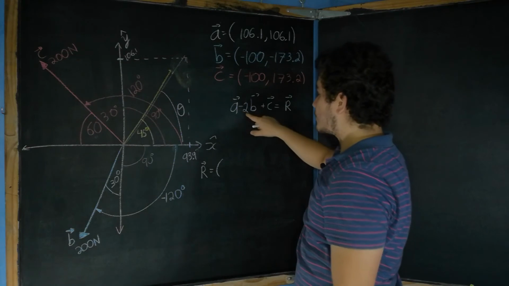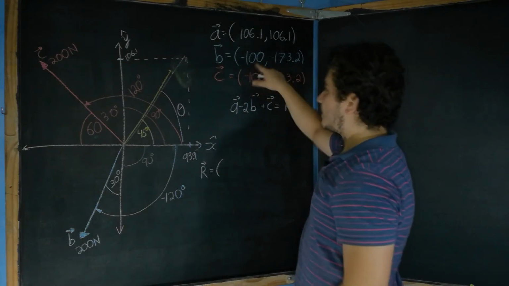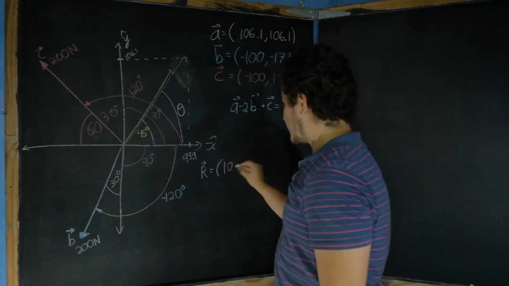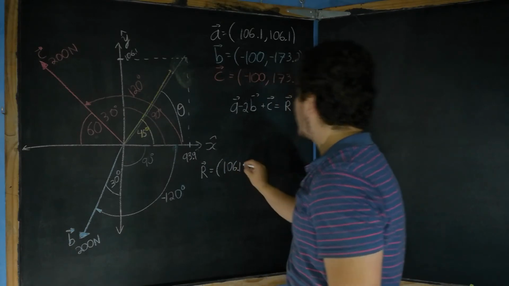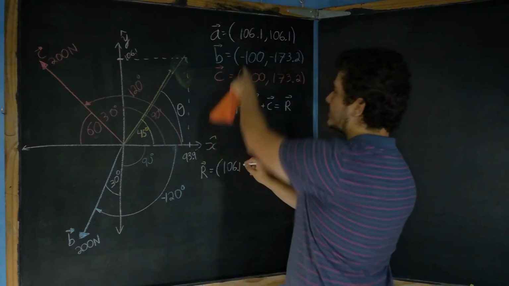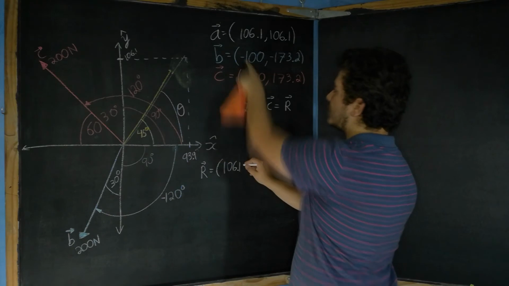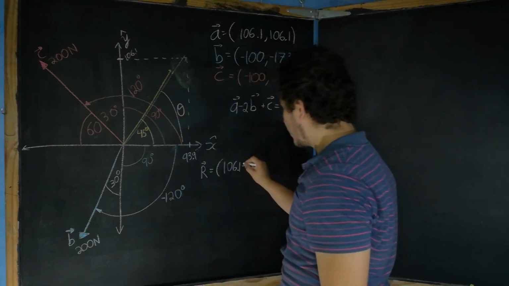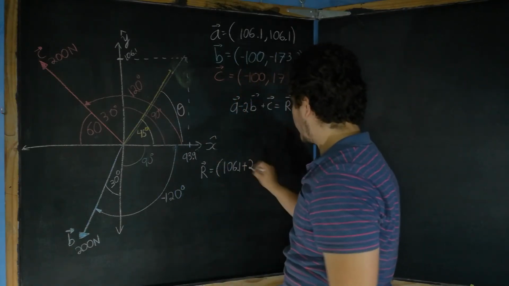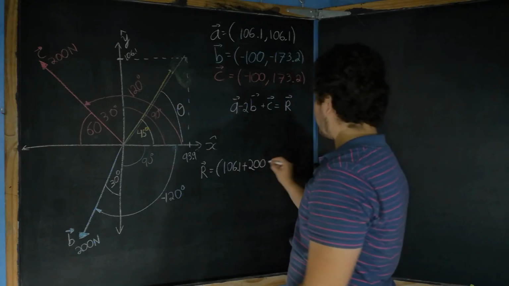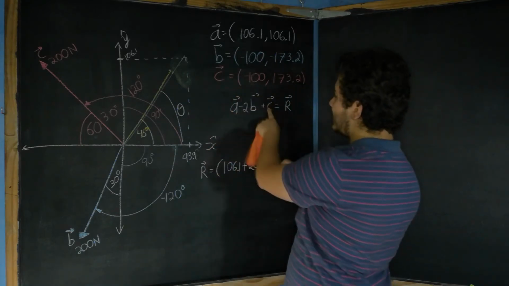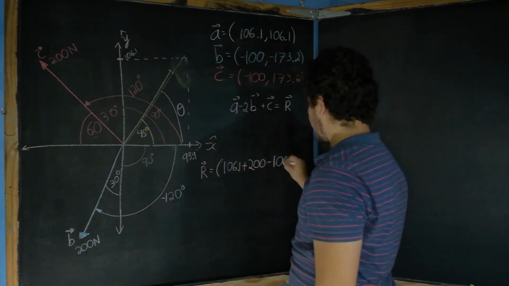So -2 will be multiplied by 100. So let's write this down, 106.1, and -2 times -100 will be plus 200, and c, okay, 100.